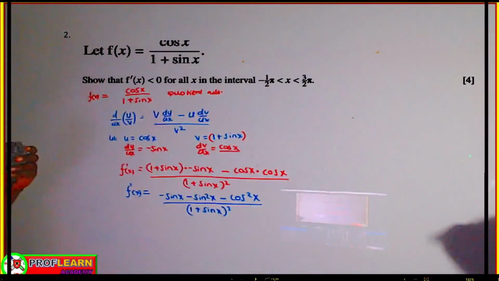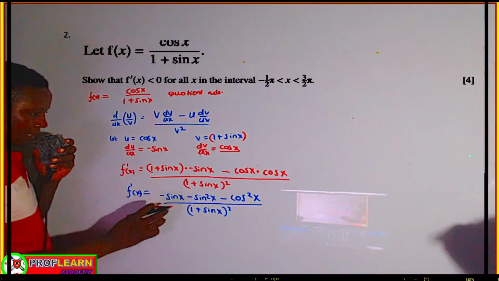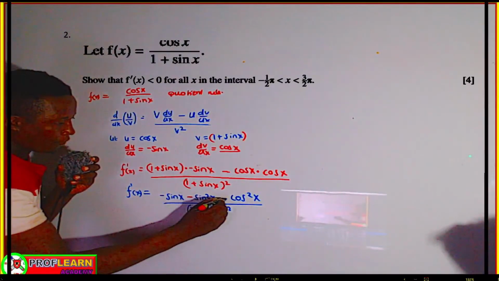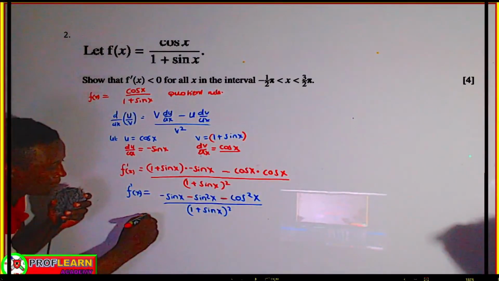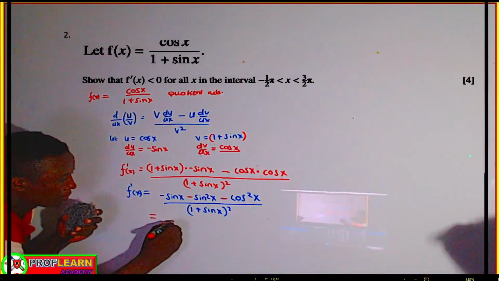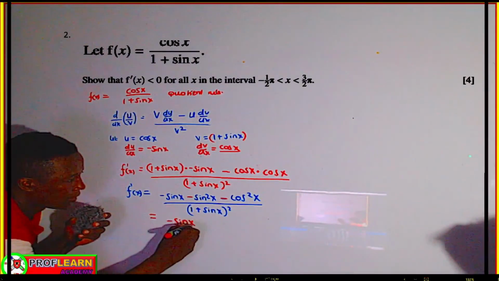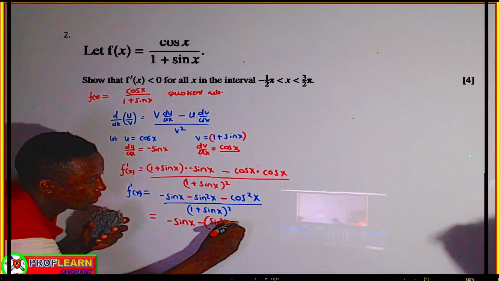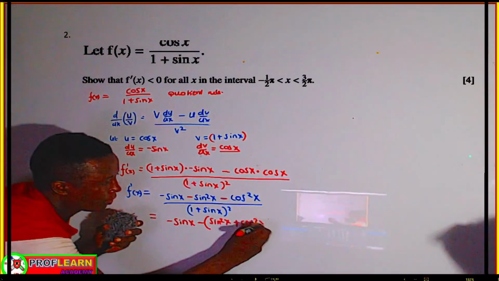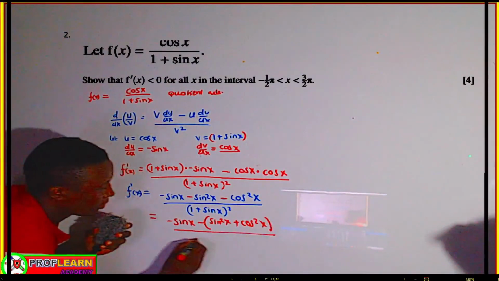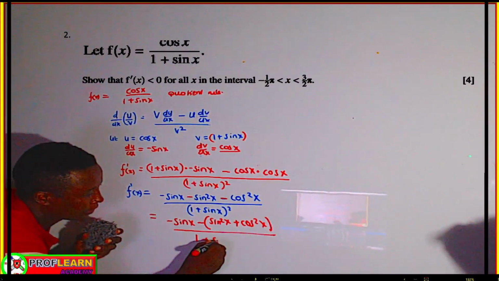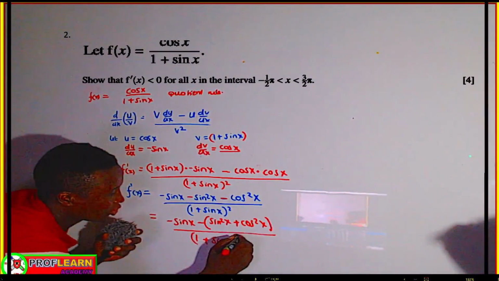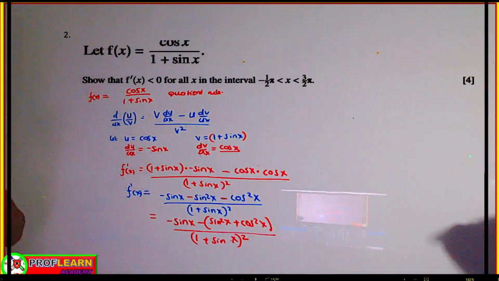So I want you to look at whatever we have here, because we can factor out the negative sign, and our function beautifully becomes negative into bracket sine squared x plus cos squared x, divided by 1 plus sine x squared.